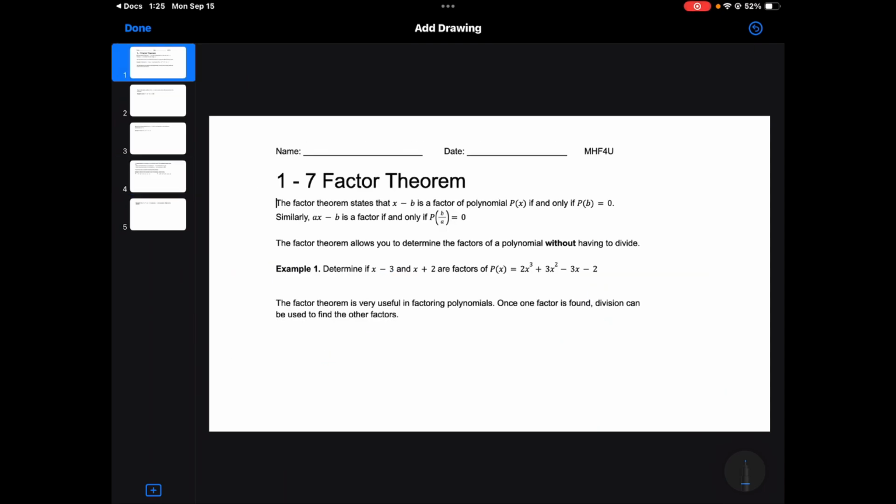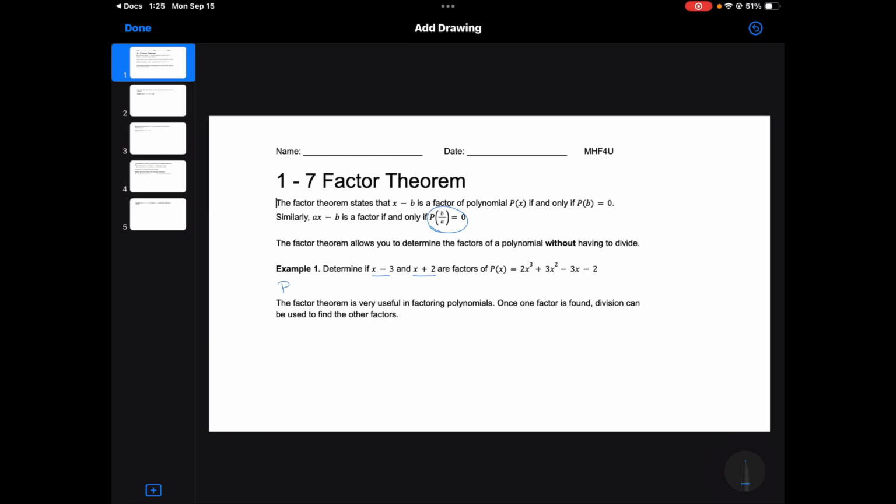So now I'm going to go back to example 1 and the factor theorem. And I told you before that the factor theorem is an extension of the remainder theorem. So ax minus b is a factor if and only if our remainder is equal to 0. So here in our first example, we're going to try and figure out if these two terms are factors of my given polynomial.